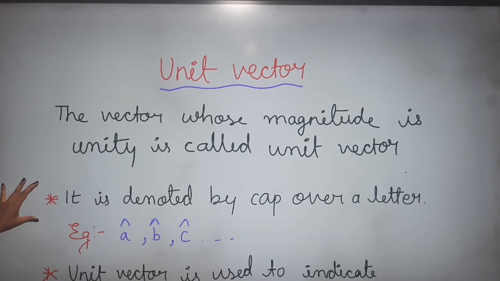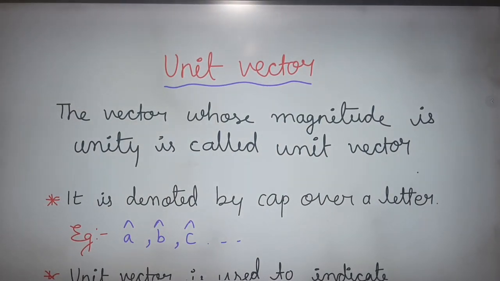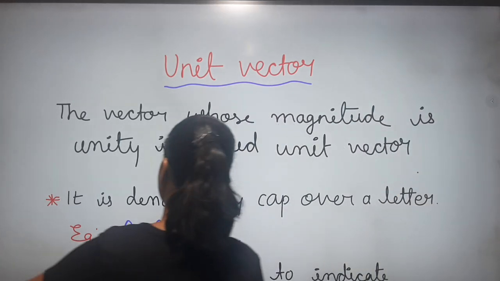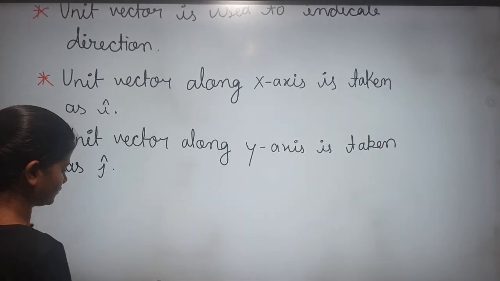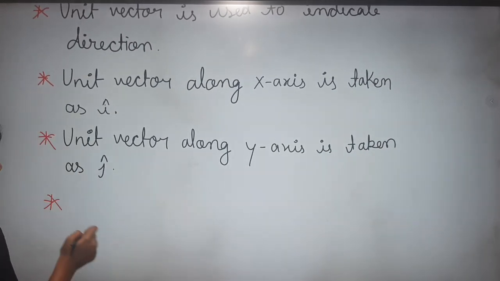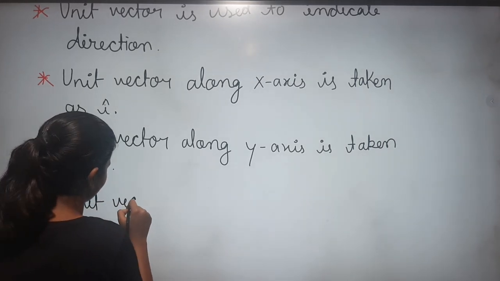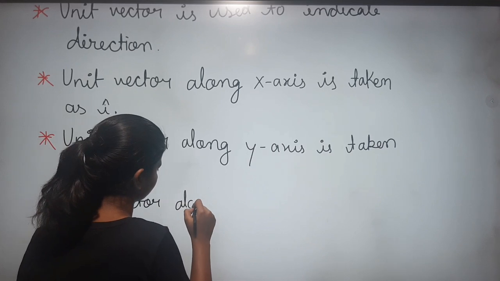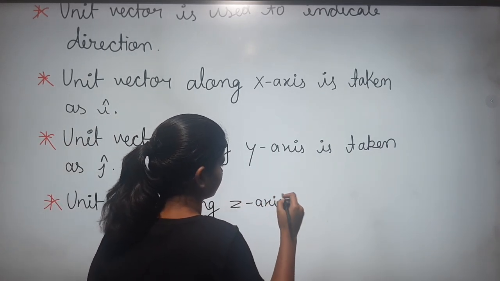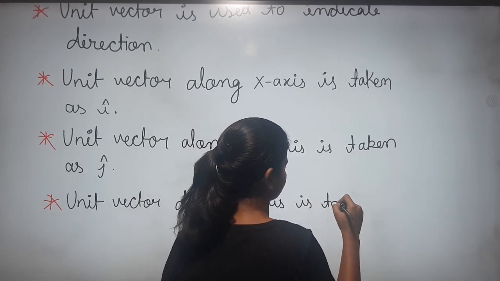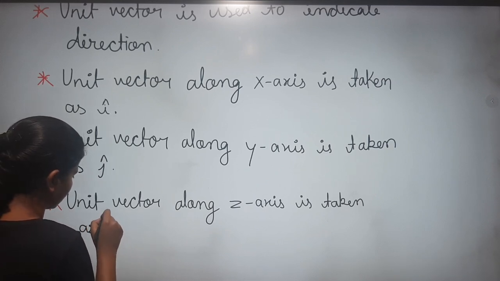And what is a unit vector? The vector whose magnitude is unity, or you can say 1, is called a unit vector. Now let's see one more point. The unit vector along the z-axis is taken as k cap.